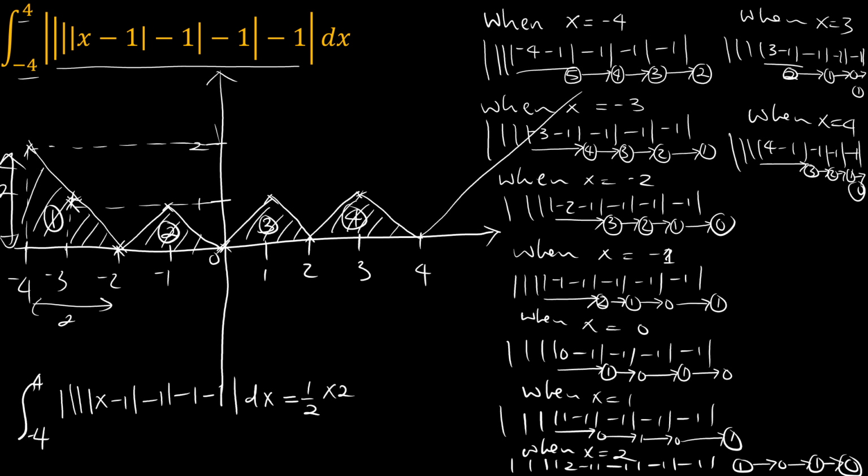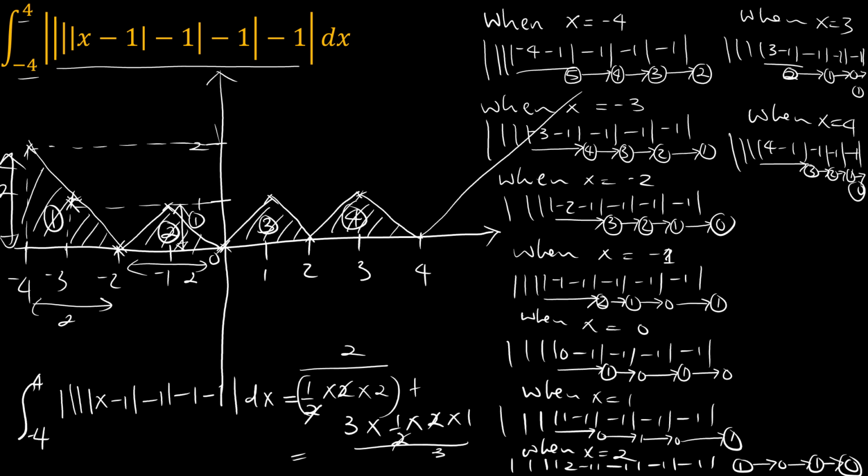So a half times base 2 times height 2, and then these other triangles are 3, so we have 3 times a half times the base, which is 2, times the height, which is 1. So we see that we have 2 out of here and then 3 out of here. So we have 2 plus 3, which is equal to 5. And that is the answer that was expected, right?